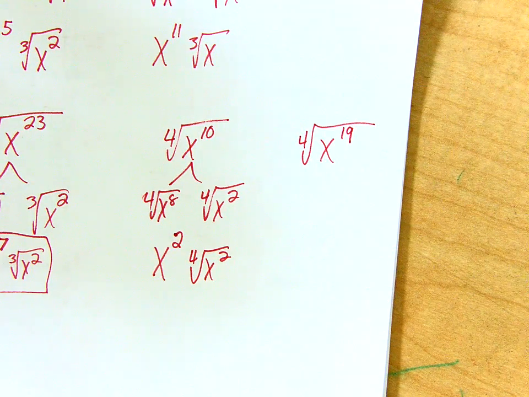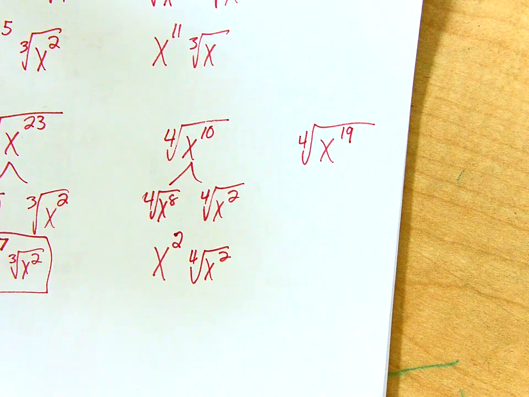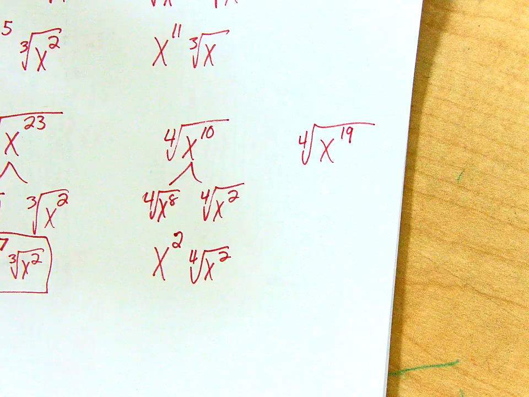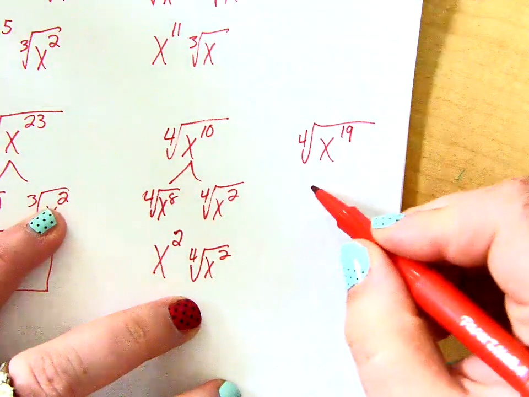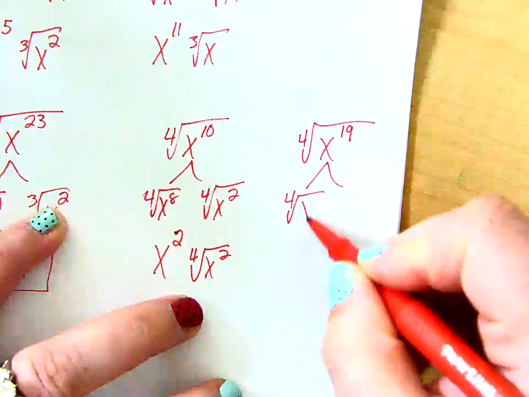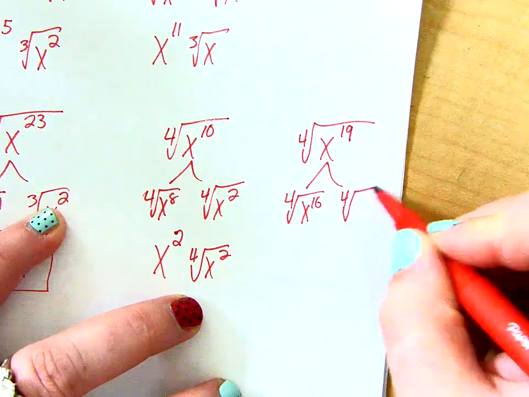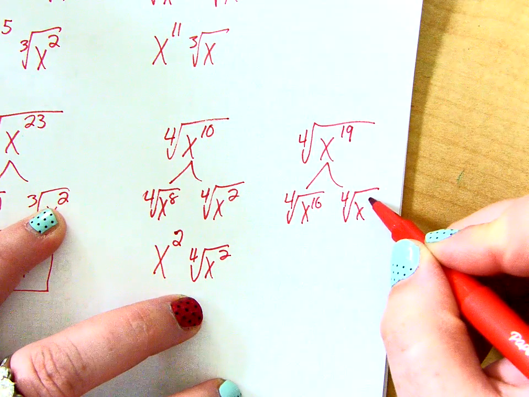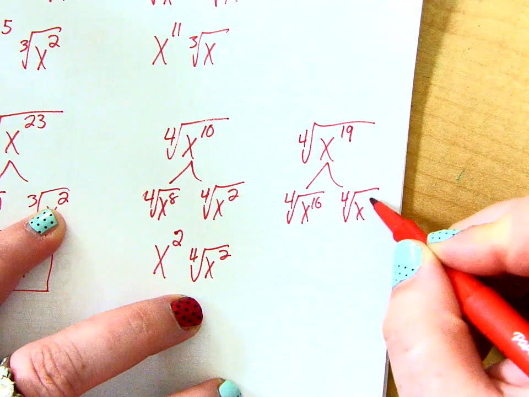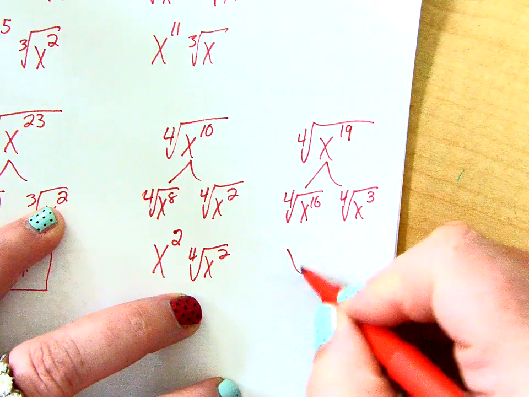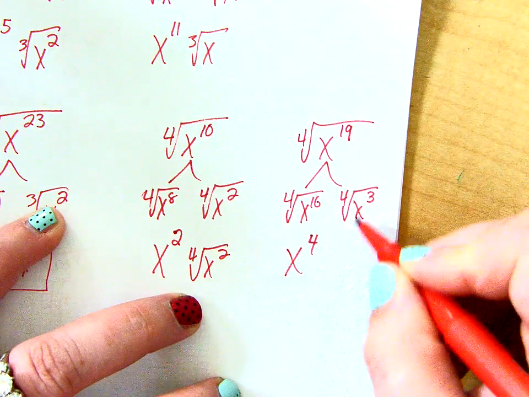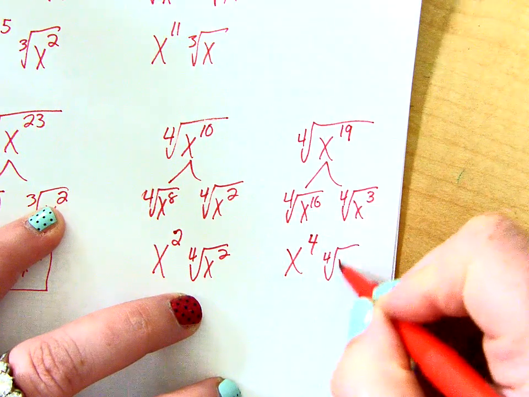Maybe? I can't do 19 divided by 4 evenly. I can't do 18 divided by 4. I can't do 17 divided by 4. I can do 16 divided by 4. So then what's this one? X to the 3rd. Exactly. This just becomes x to the 4th, and that just stays. 4th root of x to the 3rd.